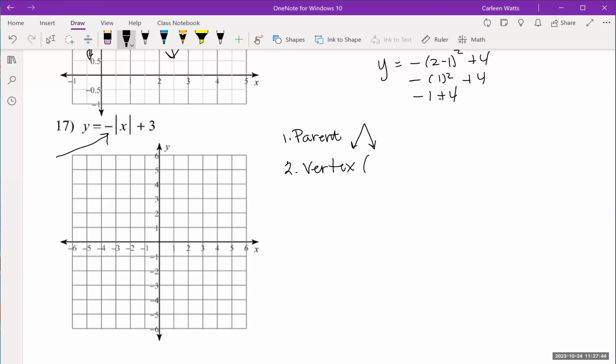The vertex is 0, comma, 3. Yeah? Can you see that the number in there with the X is 0? So let's make a table. 0, 3. Put the vertex at the center. 0, 3.